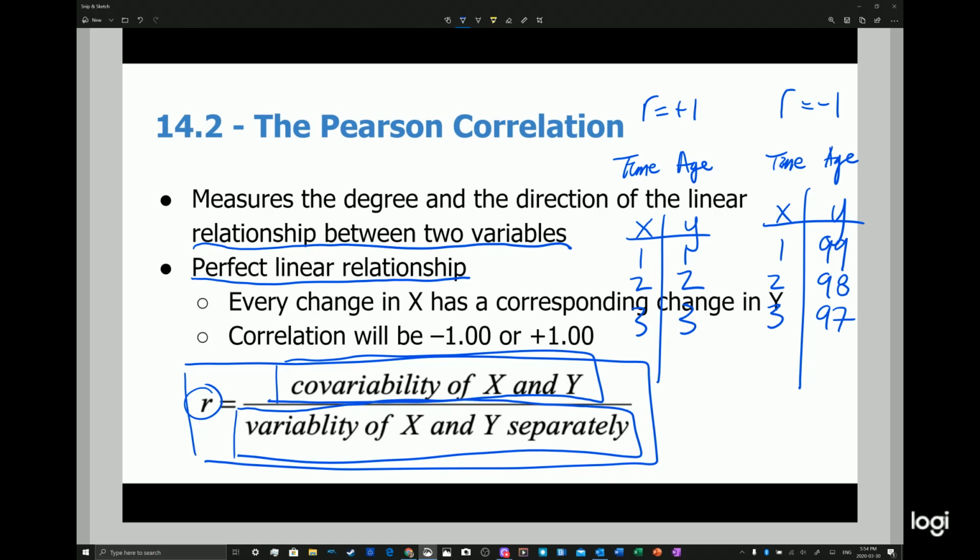Just like in ANOVA, we look at treatment effect over individual differences. Here, we look at covariance, the ratio of covariance over variance, or in this case, individual variance. Okay, covariance means how both variables change at the same time.